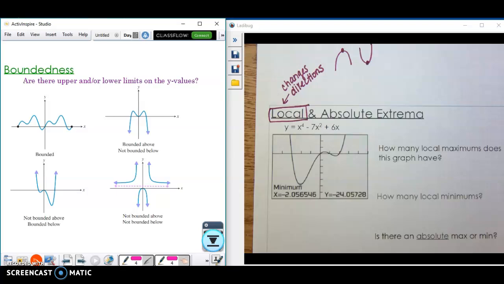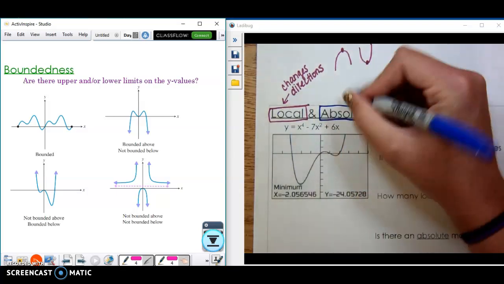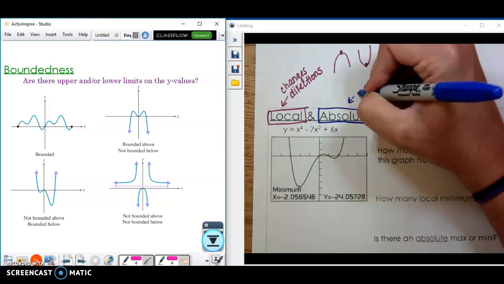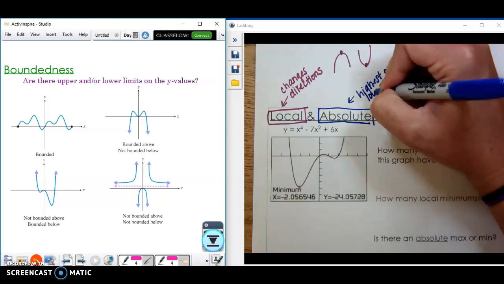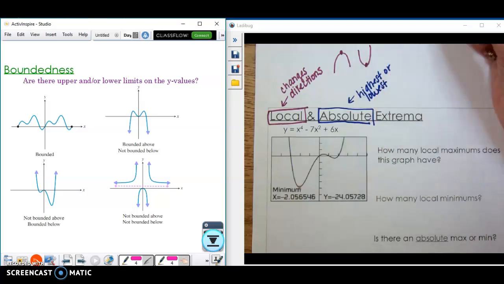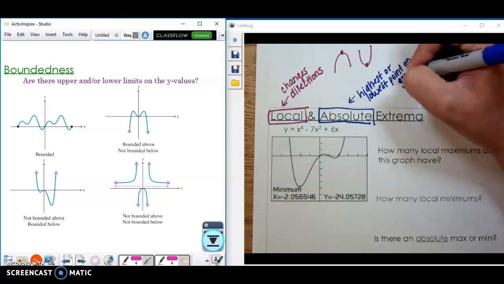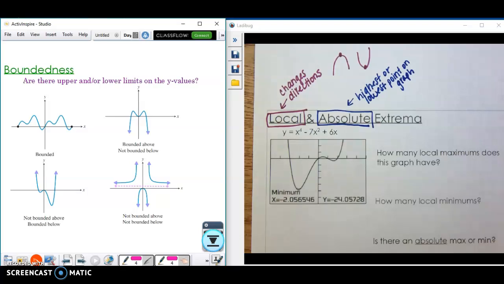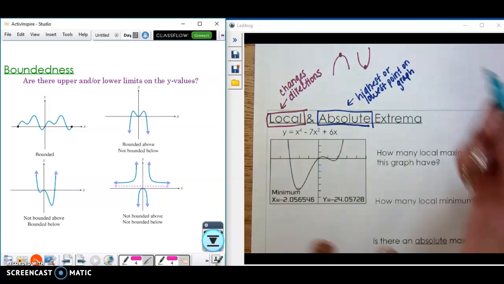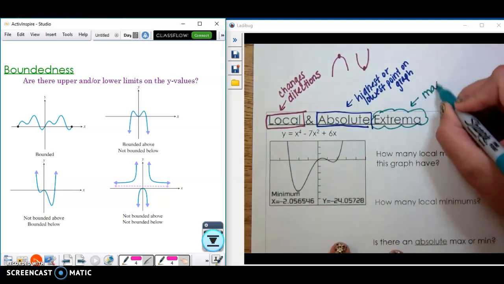In order to be considered an absolute extrema, this has to be the highest for it to be the max, or the lowest for it to be the min point on the graph, and the entire graph that's given. Okay, so for it to be absolute, it has to be the absolute highest or lowest point. So there's a difference there. And then just remember, when we refer to extrema, that means we're referring to max and mins.